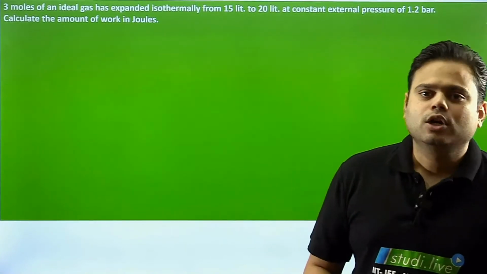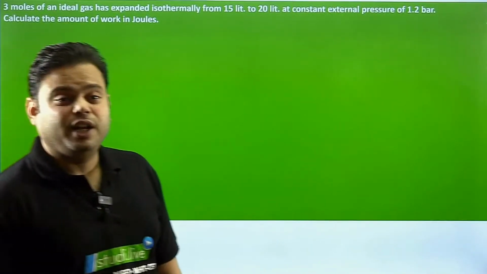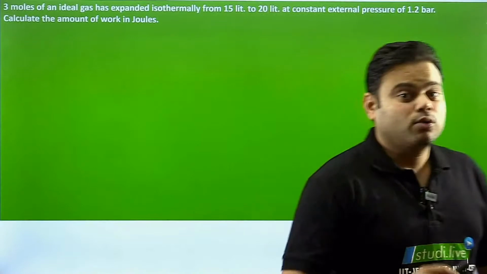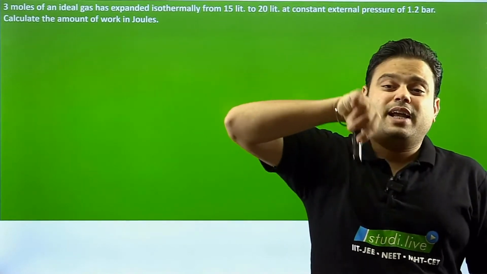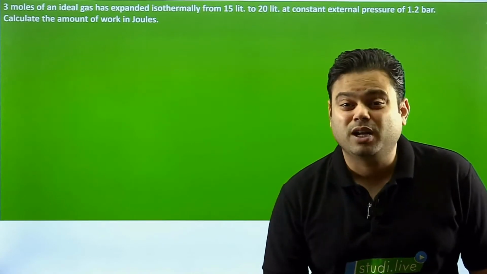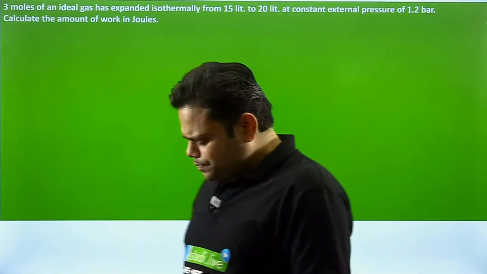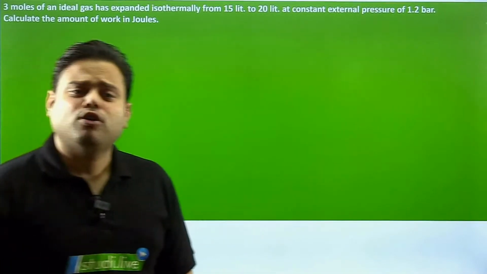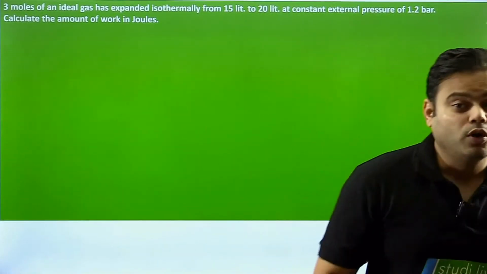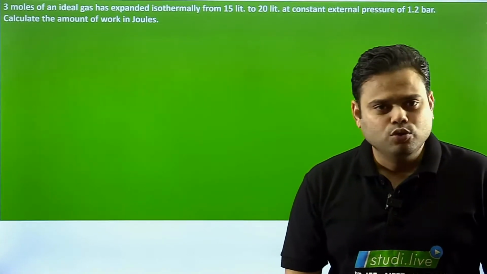Until and unless you have the term reversible mentioned in your numerical. If the question is saying isothermally and reversibly, forget about isothermally. If it is just saying reversibly also, if the word reversibly has come, then you have to use the W max formula. If the word reversible, reversibly has not come, then you do not have to use W max.